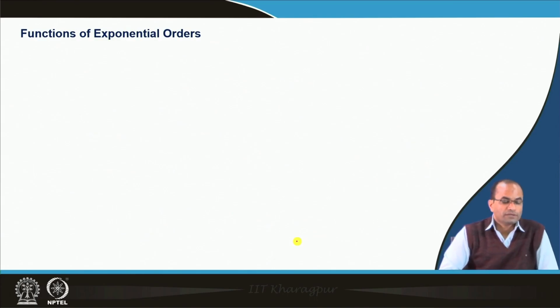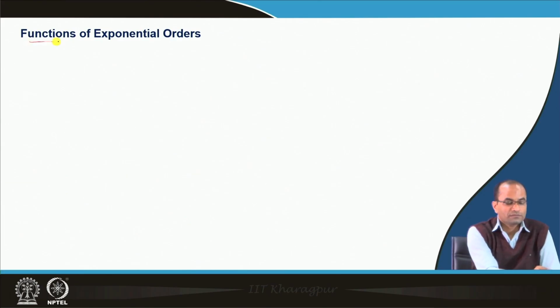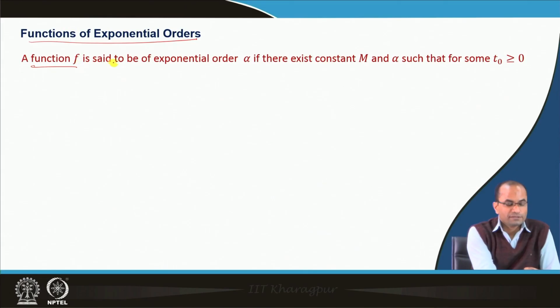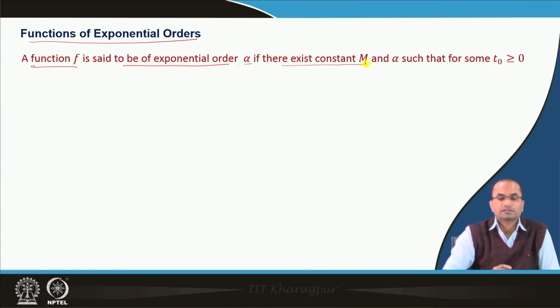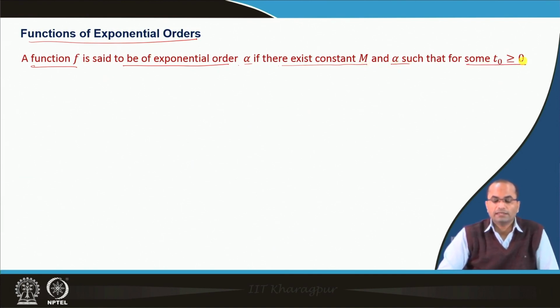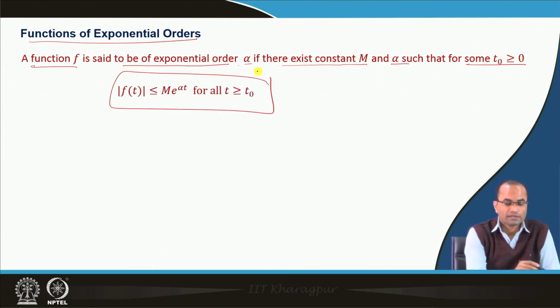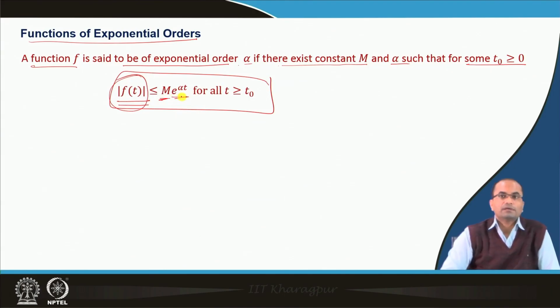Well, the other class of functions we will consider before we go to the final theorem is functions of exponential order. So, what are these functions? A function f is said to be of exponential order alpha if there exist constants M and alpha such that for all t greater than some t naught, we have the condition that the absolute value of f(t) is bounded by M times e to the power alpha t.